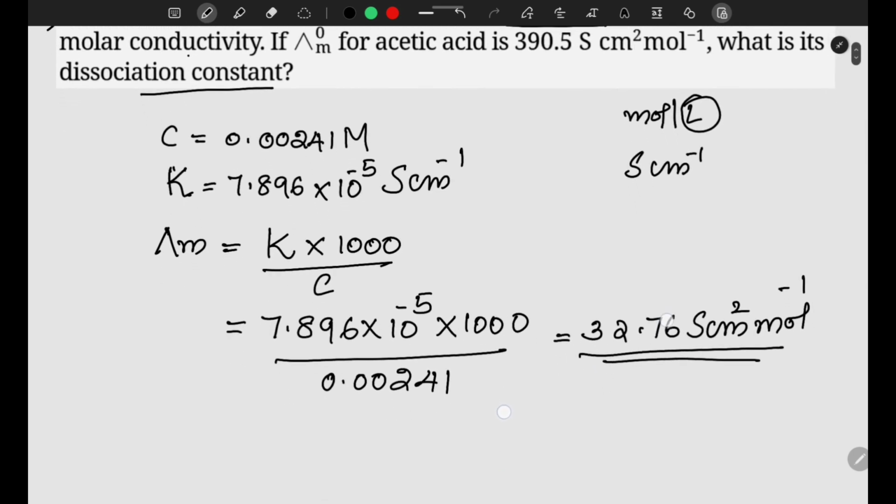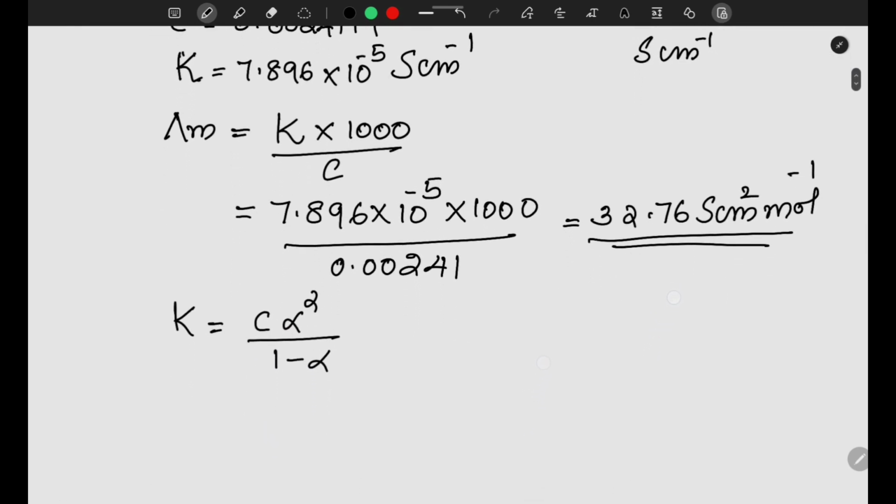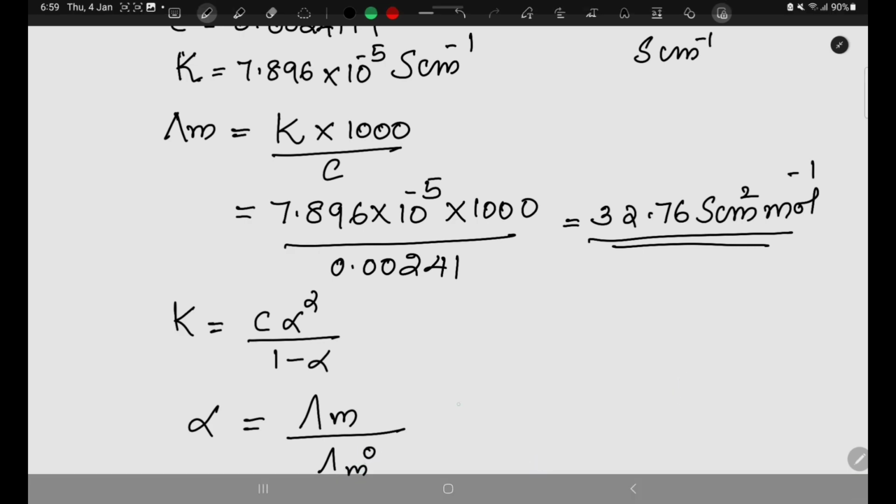Now let us calculate the dissociation constant. Dissociation constant K is equal to C alpha square by 1 minus alpha. So first let us find the degree of dissociation alpha. Alpha is equal to lambda m by lambda m naught. Lambda m naught is the limiting molar conductivity.